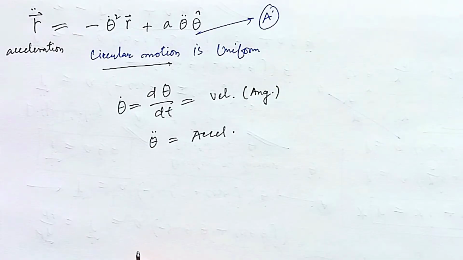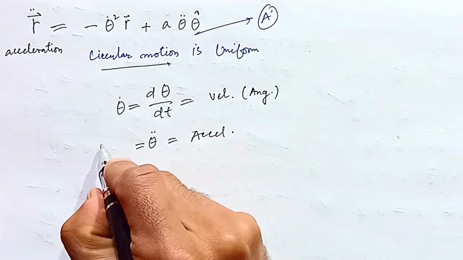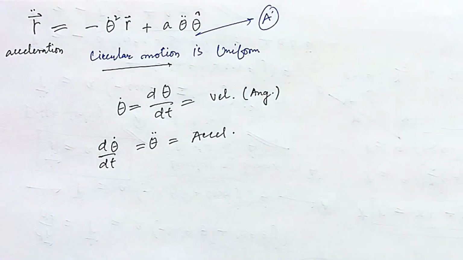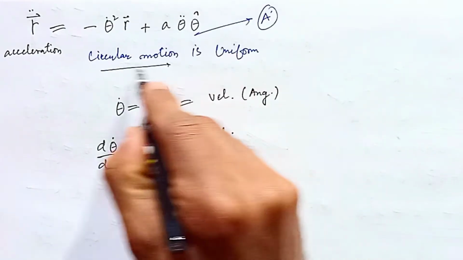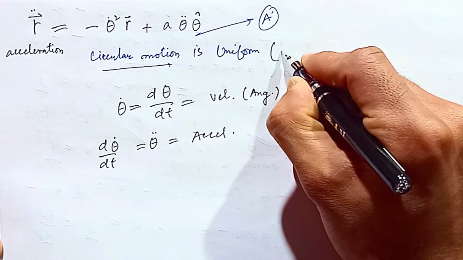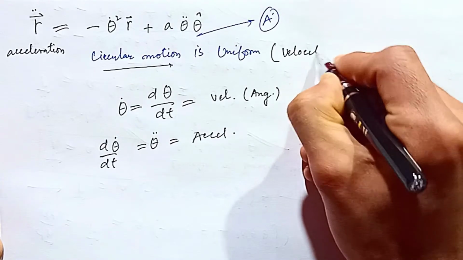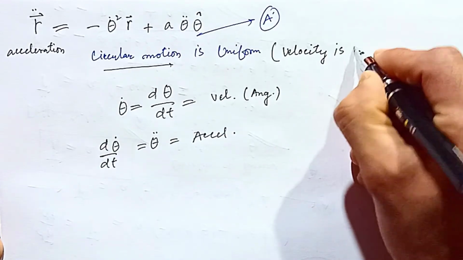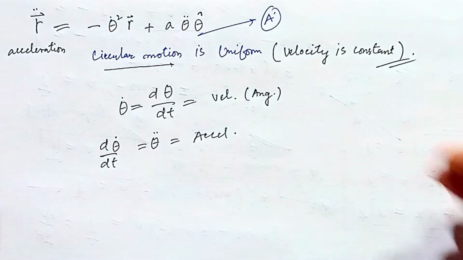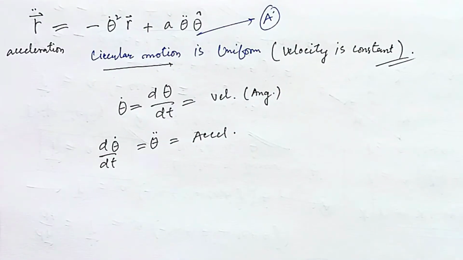But this is written as d by dt of theta dot. We are considering that the circular motion is uniform, that is, the velocity of the particle is constant. That is the angular velocity here, because it is moving along the circular path.